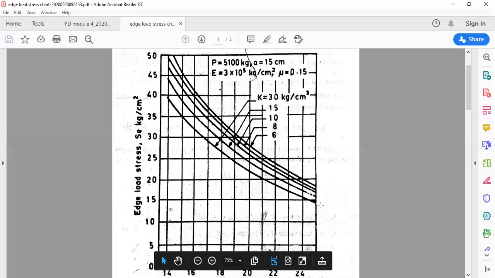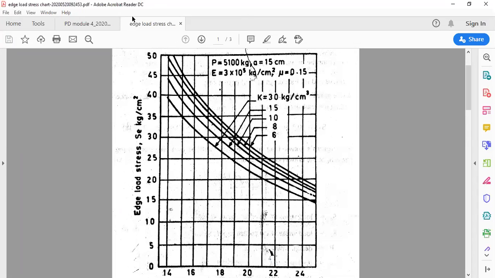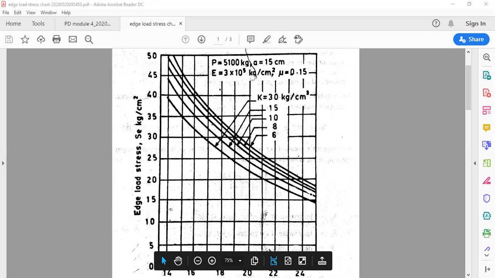Now, whatever the problem was, the given thickness of the slab was 20 centimeter. Now here 20 centimeter is the slab thickness, and what is the value of K?